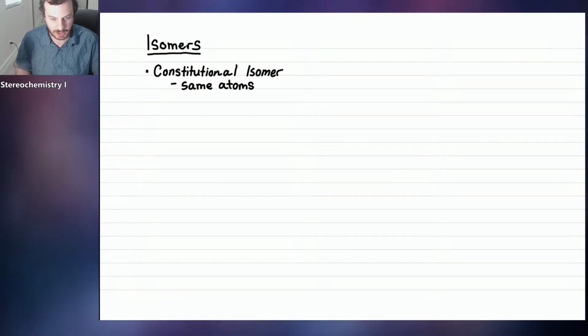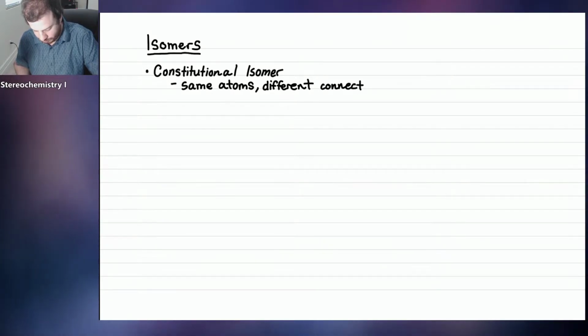So the chemical formula would be the same, just the atoms are connected in a different way. So let me give you an example of some constitutional isomers.